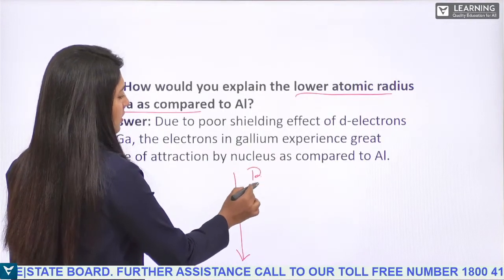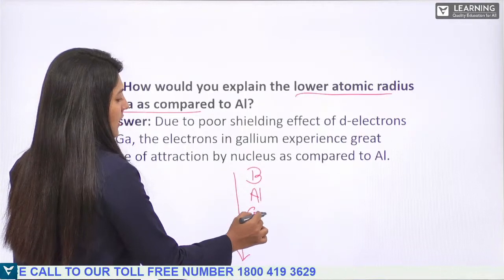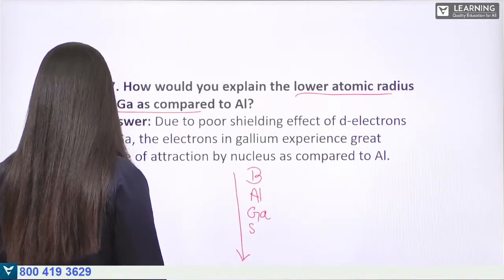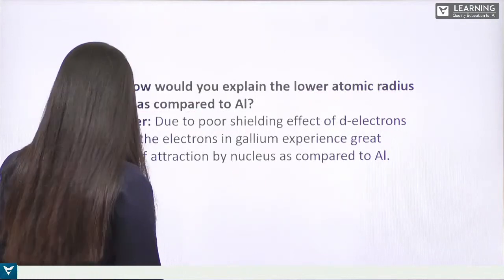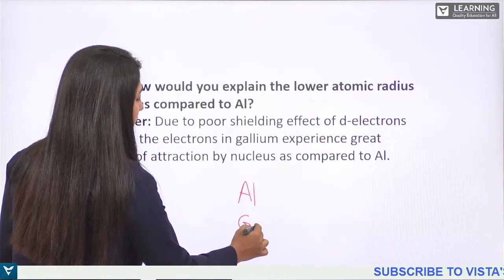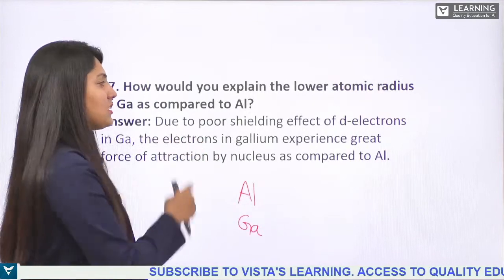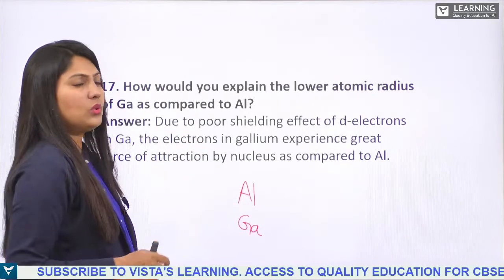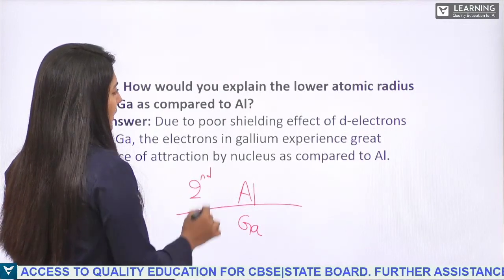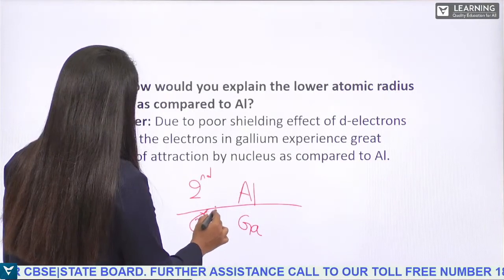So boron, aluminium, gallium, and then indium. When you consider aluminium to gallium, aluminium is in the second period, whereas gallium is in the third period.